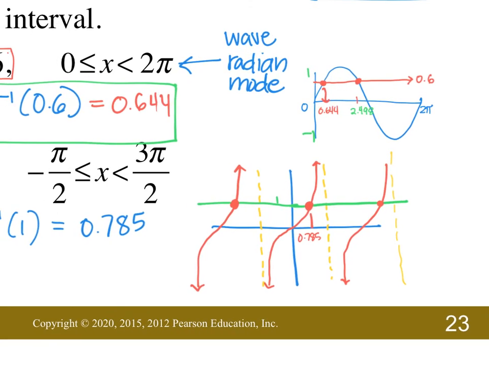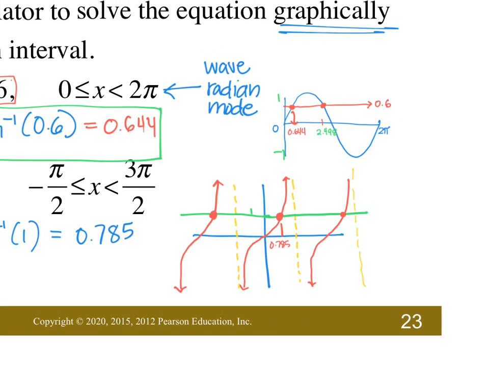So you just need to watch what your window is. I look at my window over here, and that tells me to go from negative pi halves to 3 pi halves, which is basically the first 3 asymptotes. And that would be the section in between. So that would be my window on my graphing calculator.